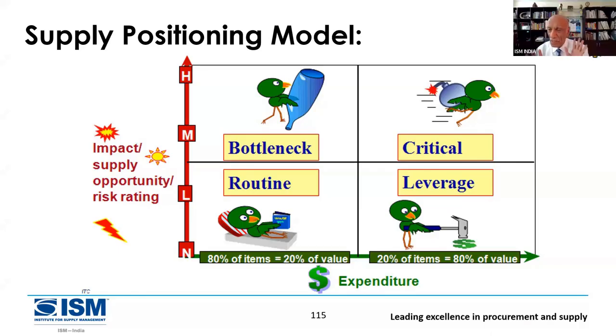Again, I think the picture speaks for itself. Leverage means I'm hammering on the dollar. I can hammer it because I have multiple choices. Critical means I've got only one or two suppliers, and if they fail, I have a problem. How do I survive? I have a bomb at my back. Anytime it can explode.